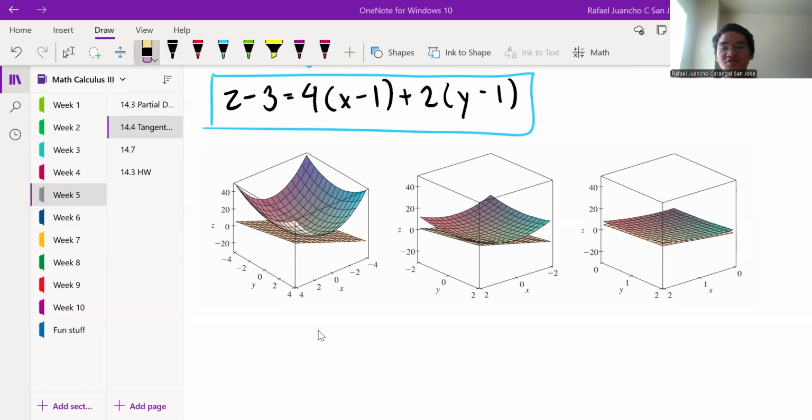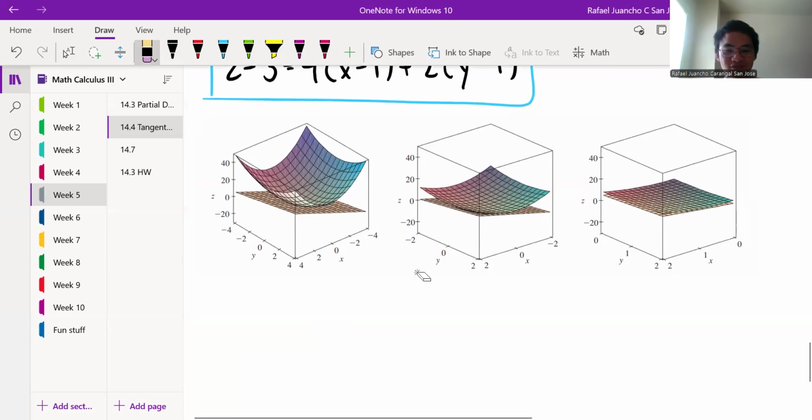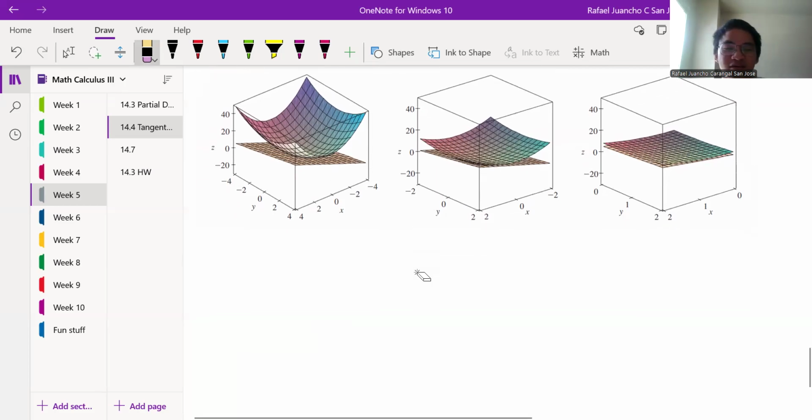And as well as the third picture, as we zoom in toward that point, the graph becomes flatter, right? And this is actually the same idea from Calculus 1. If we zoom in on a real-valued function, so just single variable, we're going to see the graph flatten, which means we're getting the tangent at that particular point.